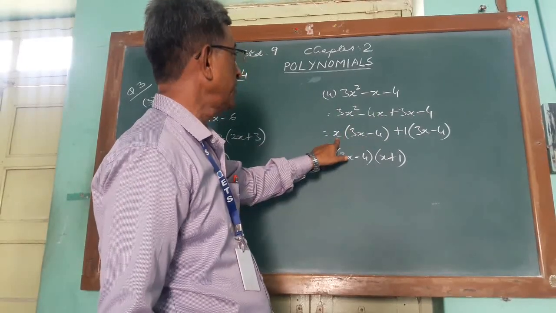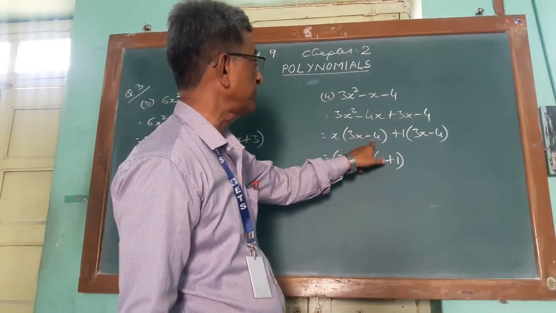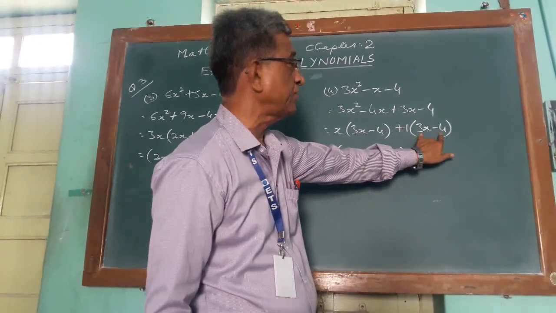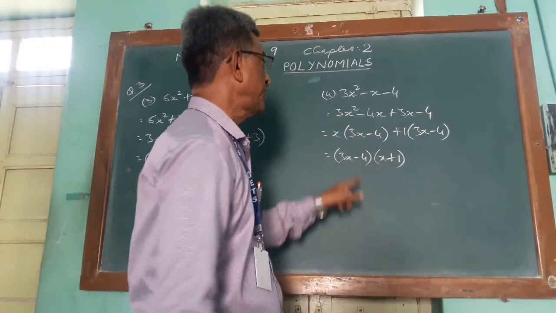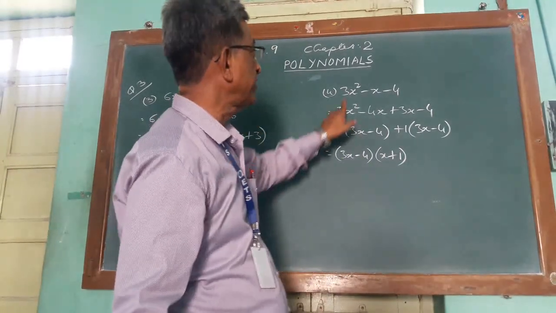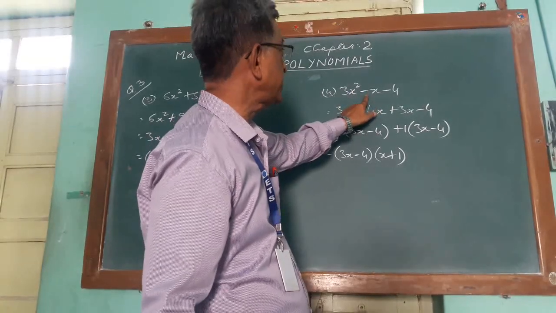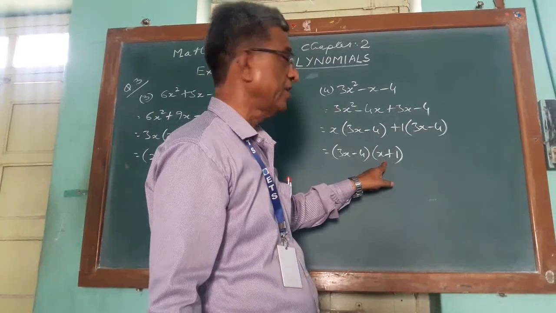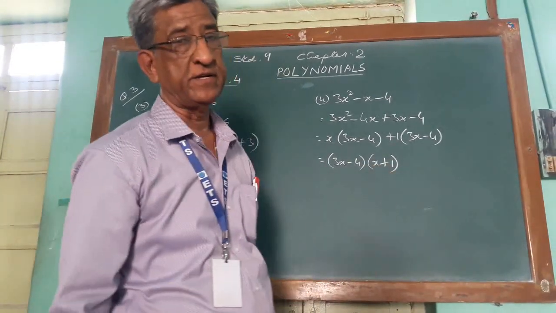So x into bracket 3x minus 4. In the last two nothing is common, so 1 is common, 1 into bracket 3x minus 4. Write 3x minus 4 common, x plus 1. So the factors of 3x square minus x minus 4 are 3x minus 4 into another bracket x plus 1. That's its answer.